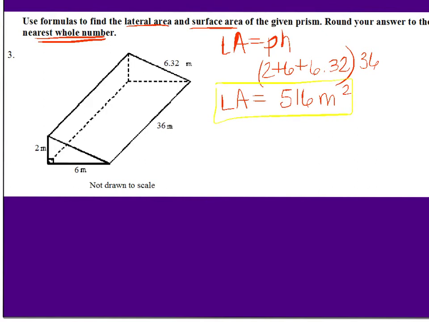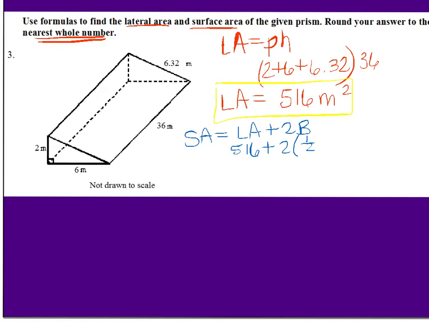Now we need to solve for surface area. Surface area, again, that's your lateral area plus 2 times your base. Well, I know my lateral area is 516 plus 2 times the area of your base. Area of a triangle is found by 1/2 base times height.